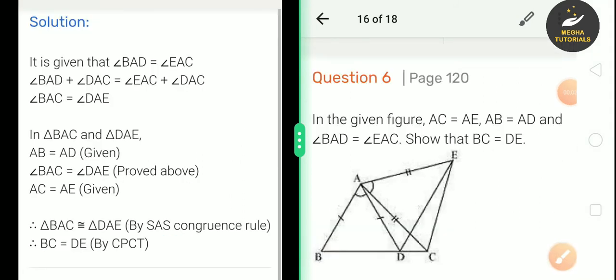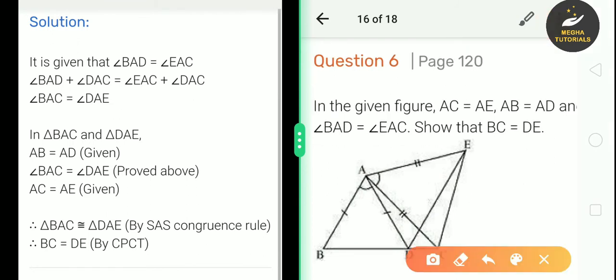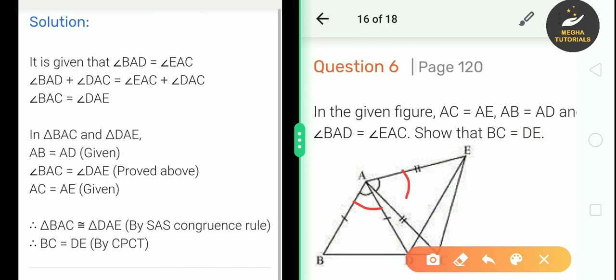Question 6. In the given figure, AC is equal to AE, AB is equal to AD, and angle BAD is equal to angle EAC. Show that BC is equal to DE. It is given that AC is equal to AE, AB is equal to AD, and angle BAD is equal to angle EAC, and we have to prove that BC is equal to DE.